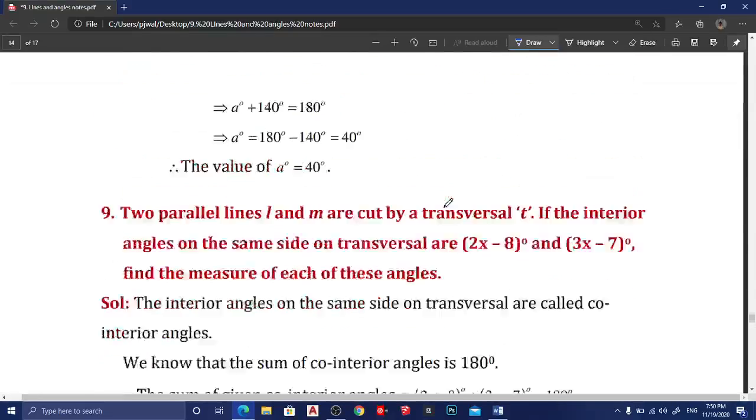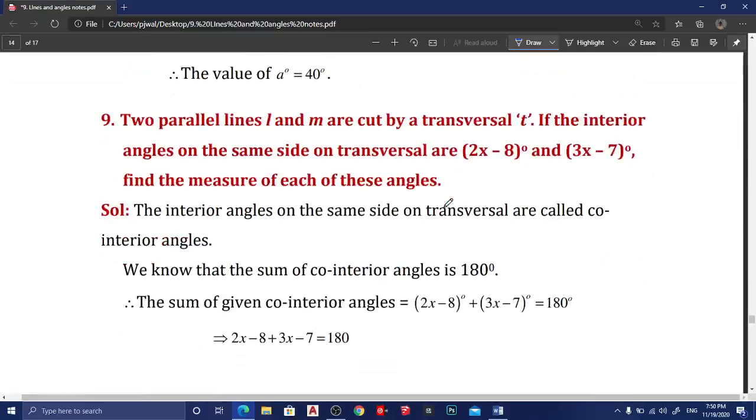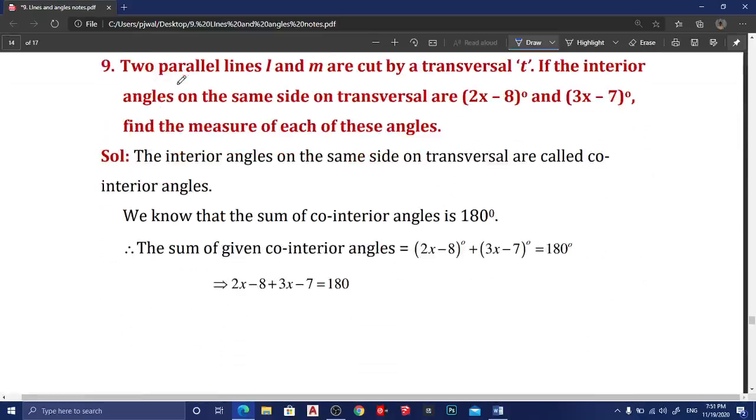Here the figure is not given for this problem. I will show you. Two parallel lines L and M are cut by a transversal T. How can you draw this? For example, this is L and this is M, and it is cut by a transversal T like this. The interior angles on the same side, meaning co-interior angles, are given here.